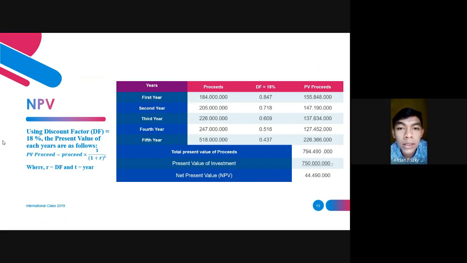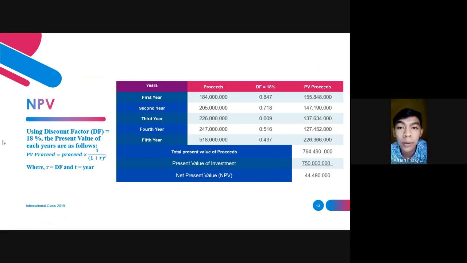For the first year, the proceeds is 184 million rupiah, and we calculate the DF column using the formula of 1 over (1 plus R) powered by T, where the R is 18% and the T is 1, so we get 0.847.